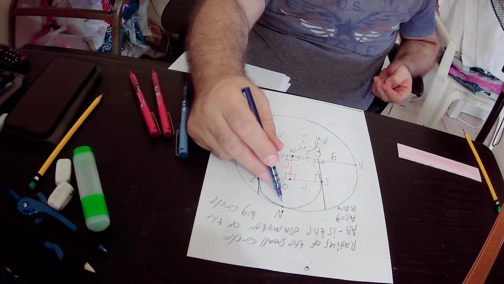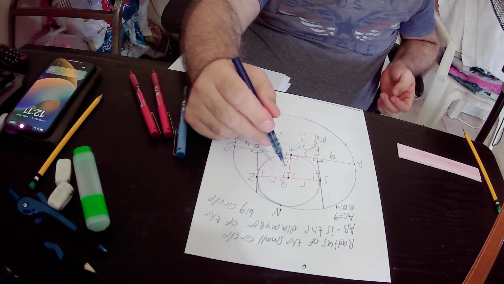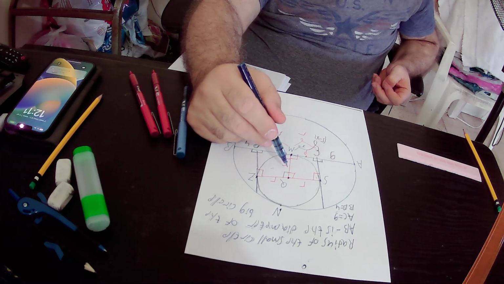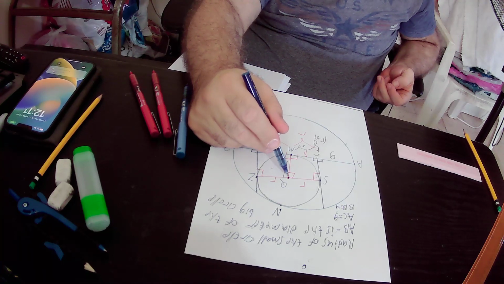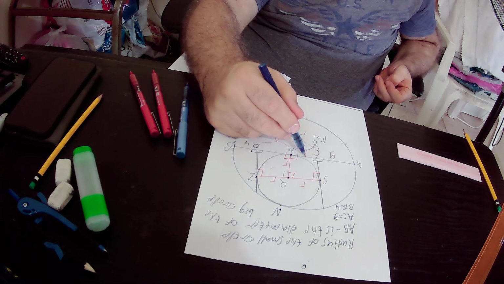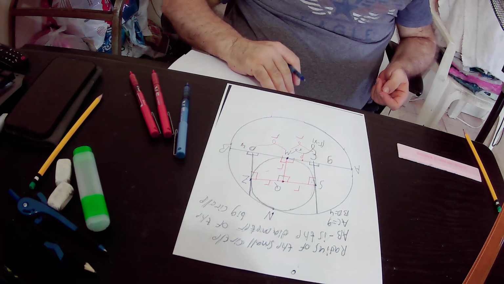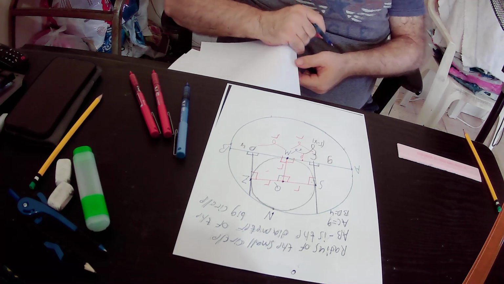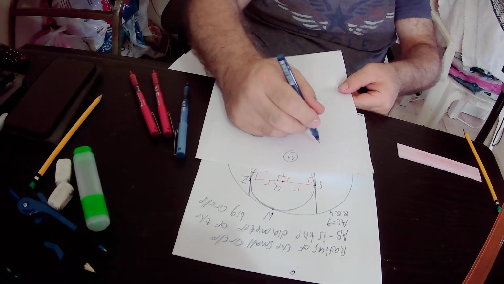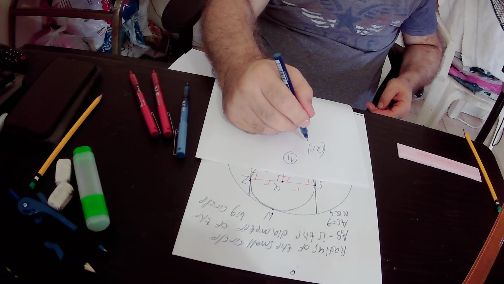The center of the small circle is point Q, and the center of the big circle is at point P. Therefore, the distance between them is QP. So according to rule number 5, QP equals the difference between the lengths of their radii.